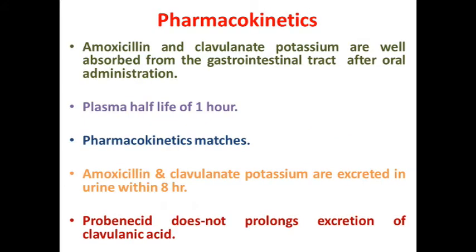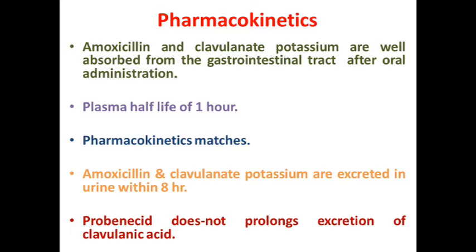Okay, so if you look at pharmacokinetics, you should know that amoxicillin and potassium clavulanate are well absorbed by the gastrointestinal tract after oral administration. Their pharmacokinetics match each other, with a plasma half-life of around 1 hour, and both of these drugs are excreted in the urine within 8 hours, they say.